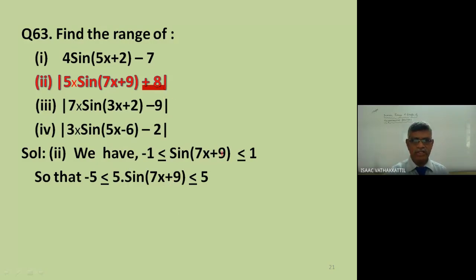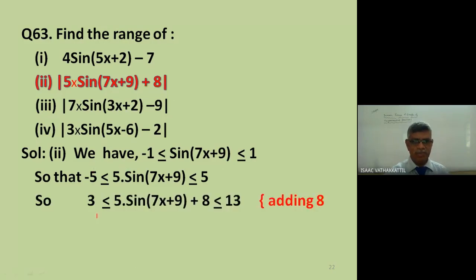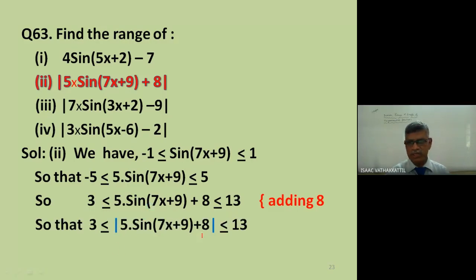What will I do? I add 8. Adding 8, -5 plus 8 is 3. So 3 less than or equal to 5 sine 7x plus 9 plus 8 less than or equal to 5 plus 8, 13. So the expression is between 3 and 13. Its modulus also naturally lies between 3 and 13, because all these are positive quantities.